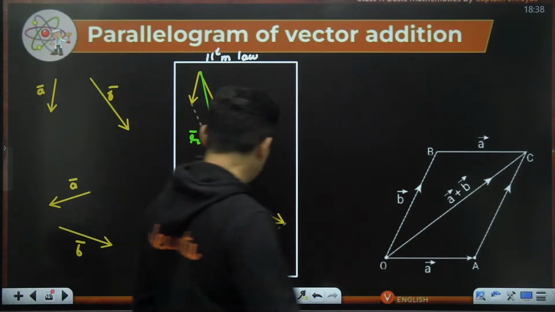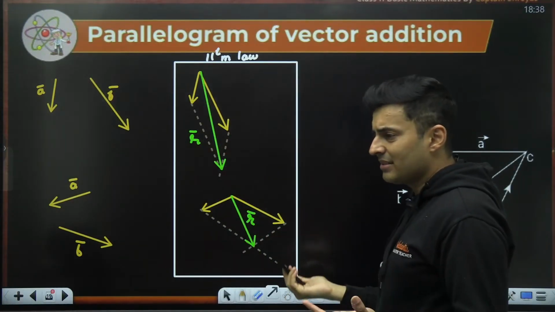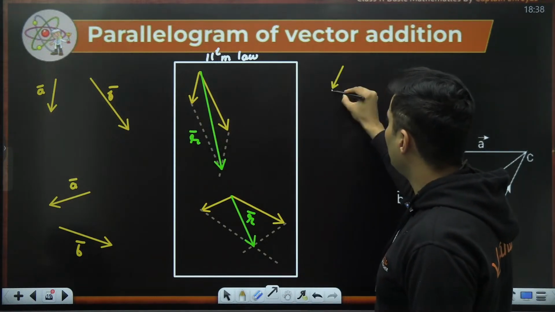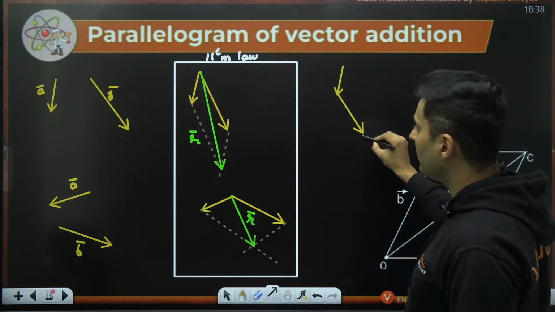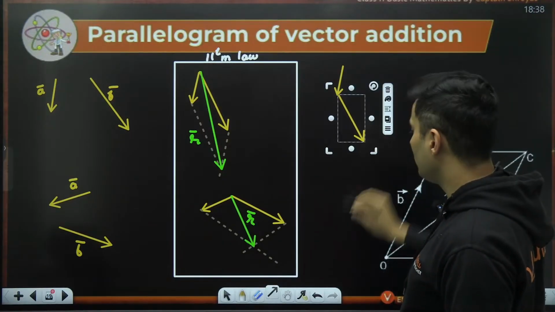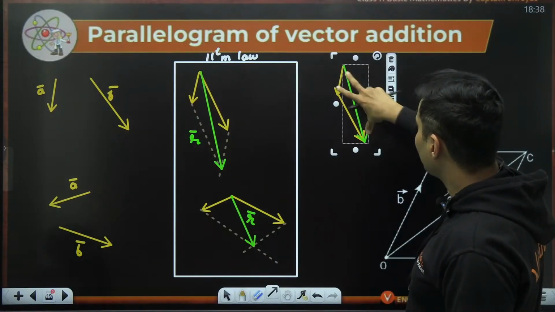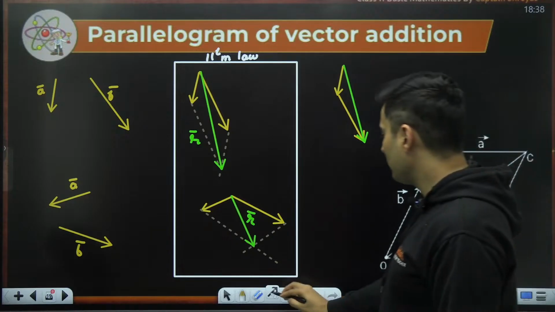If I had to do the same thing using triangle law, it would give me the same answer. It's just that it will look different. So using triangle law, it would probably look something like this. Maybe this is vector A, vector B will be something like this. Still, I will get the same resultant. See, this resultant and this resultant are the same. It won't be different. Same thing over here also.